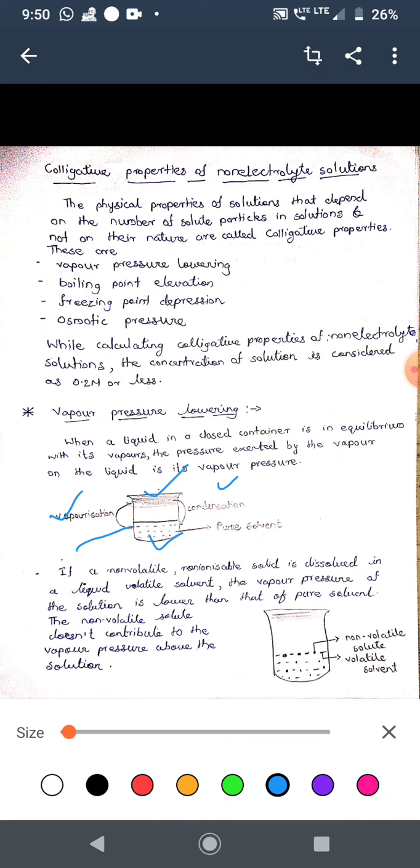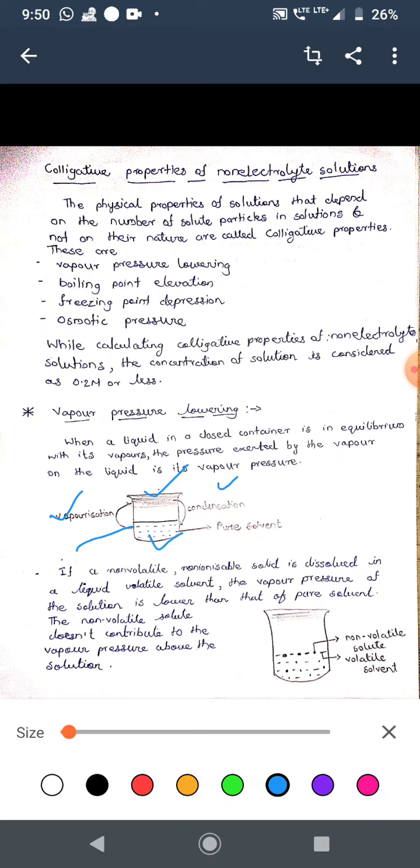Now in the case we are observing here, in this beaker there is only one type of liquid, and the liquid is volatile. Now suppose in this liquid we have added a non-volatile and non-ionizable solid, and it is dissolved in it.